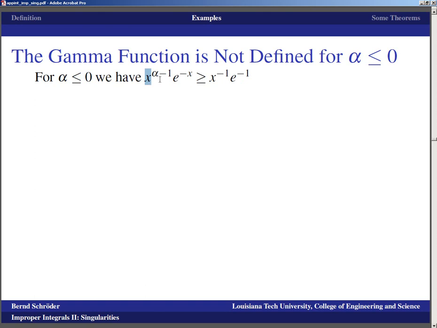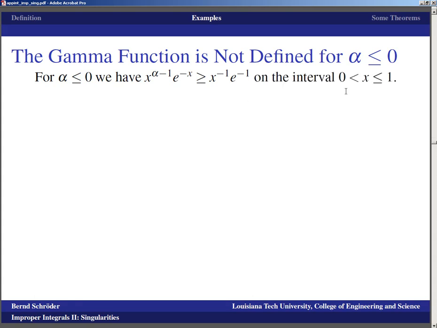And if you raise that to a negative power, which is what we would be doing here, then this is actually getting larger because we've got an extra 1 over here. This is getting larger the larger the absolute value of the negative number is, which means that x to the alpha minus 1 is actually greater or equal than x to the minus 1 here. That is the key here.